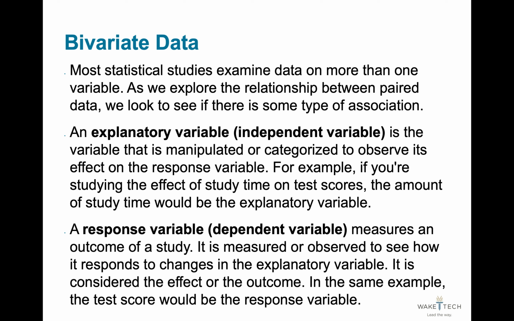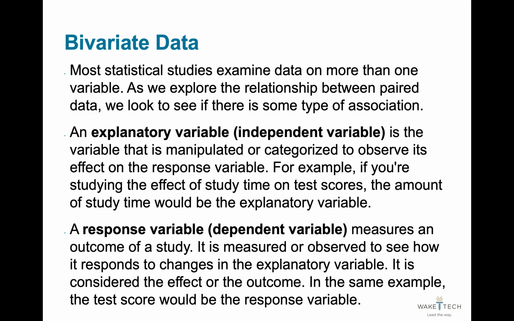So an explanatory variable is the independent variable. It's when the variable that is being manipulated or observed to see, does it have some type of effect on the response variable. So here I put, for example, if you're studying the effect of study time on test scores, the study time would be considered our explanatory variable.